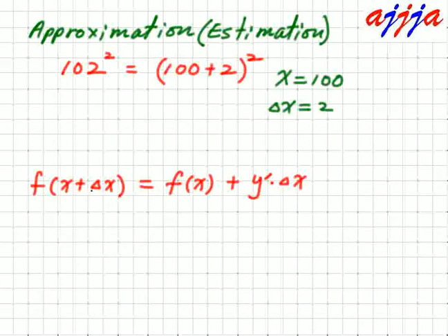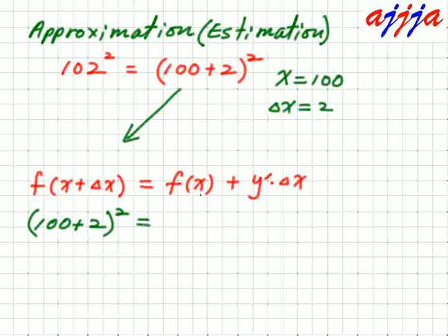Then we can rewrite this equation just like this. Now let's use this formula right here. So f of x plus delta x is actually this, 100 plus 2 squared. It equals f of x, do not use this to delta x, that means 100 squared, instead of plus 2.